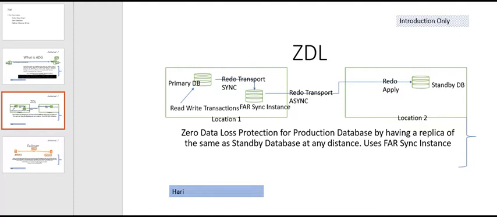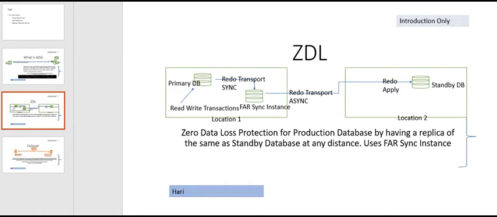So zero data loss protection for a production database is achieved by having a replica of the same as a standby database at any distance, whether it is a neighboring data center, a data center in a different city, a different state, a country, or a continent. It uses a far sync instance.